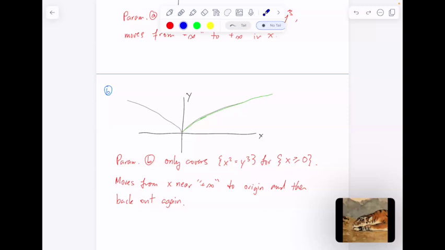And you could never represent the fact that it hits a single point multiple times, depending on your time, without a parametrization. So a parametrization really gives you finer details than just a graph ever will.